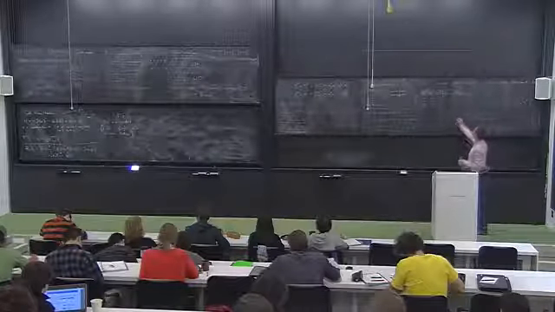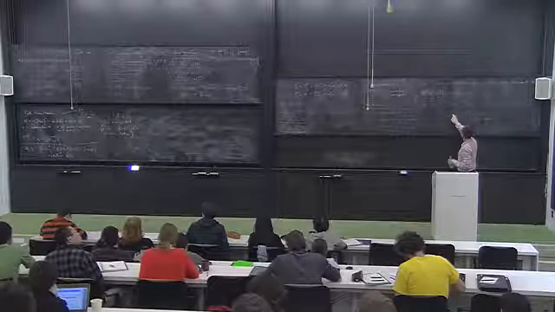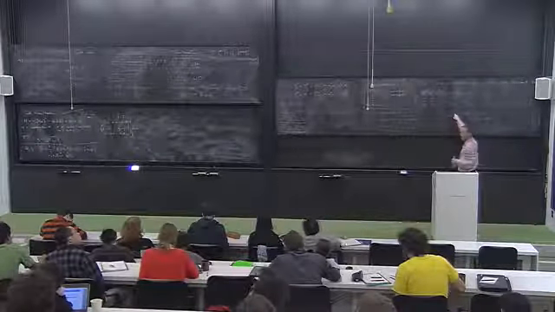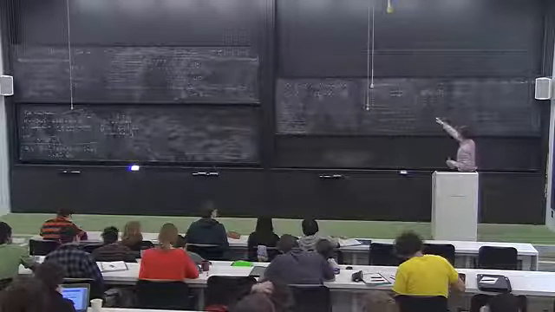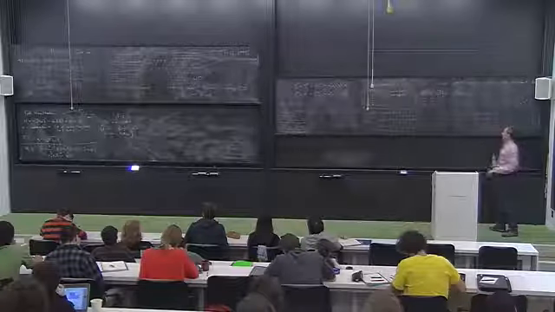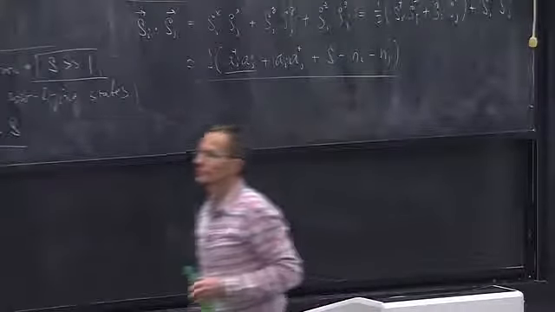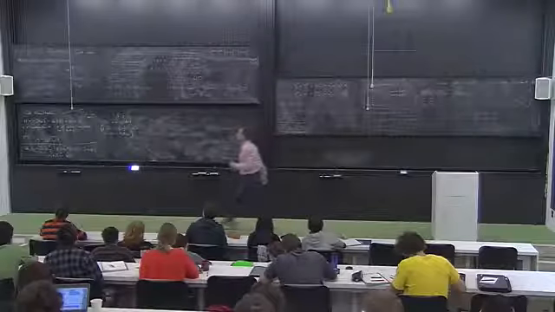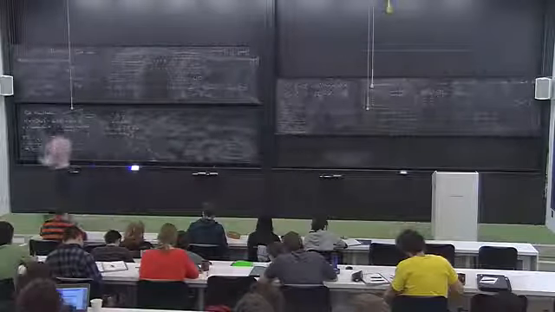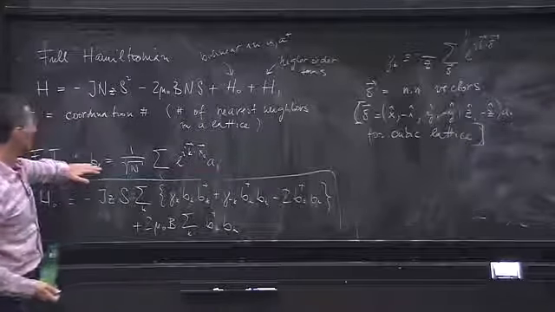For instance, let's look at this term, right? We have a dagger i, a j, and we're summing over all i and j that are nearest neighbors in the lattice. We would express these two in terms of their Fourier transforms, invert this and express a j in terms of b k.